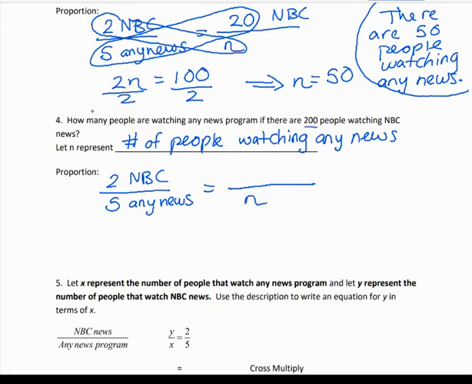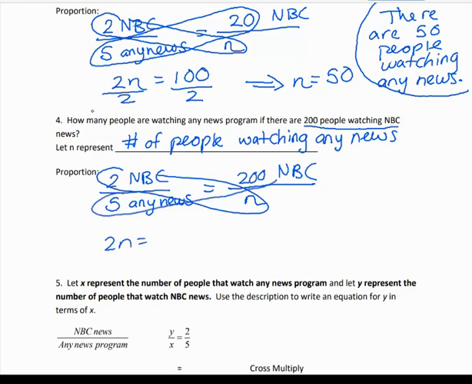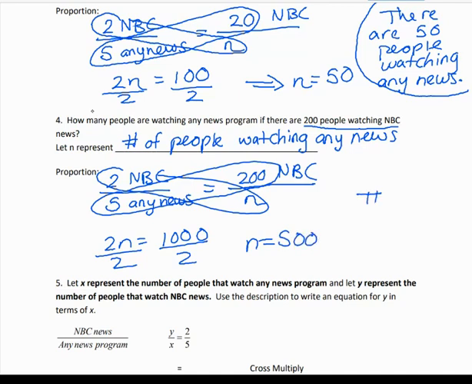What they've told us is 200 NBC. And so now we cross multiply. 2n equals 5 times 200, which is 1,000 exactly. Divide by 2, and n equals 500. So very good for people who said that. Please just make sure you are writing a complete sentence.